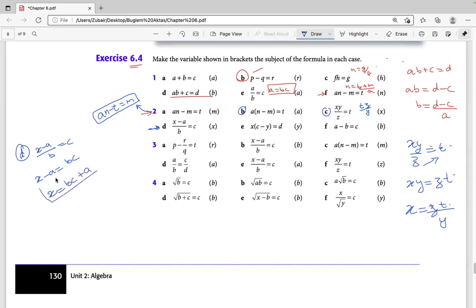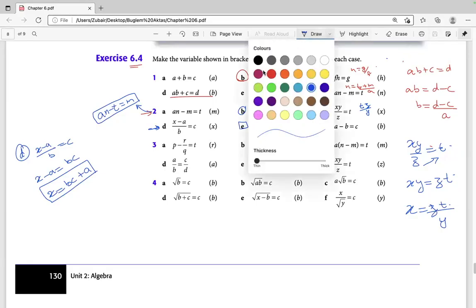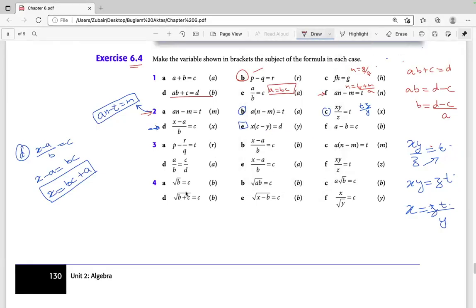So X equals BC plus A. Very good. E part, making Y the subject. For this question, we may have different approaches. Final answer would be the same.